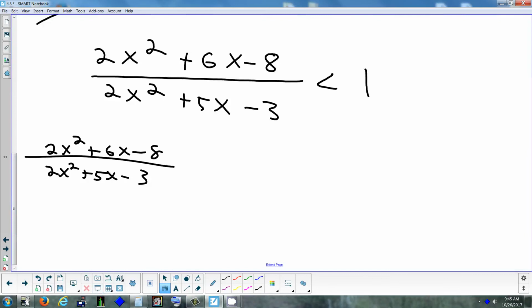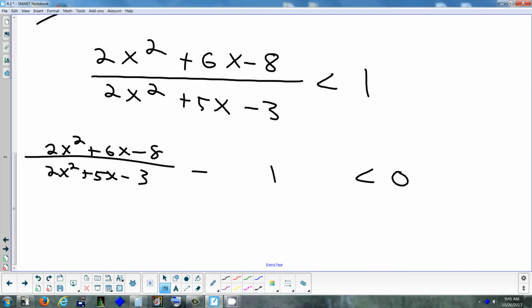And how would I get 0 on the right side? What would I have to do? Theo? Subtract 1 from both sides. I would subtract 1 from both sides, but I'm not going to write it like that.